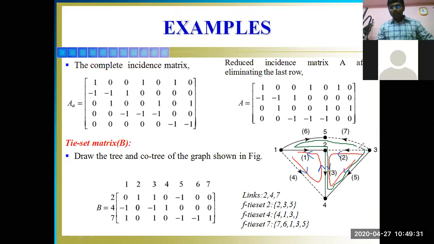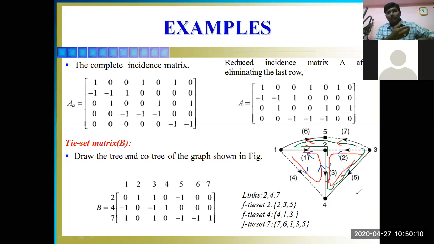So there is only one link, 7, and the remaining are all twigs: number 6, number 1, number 3, and number 5. Only 7 is a link. The direction is similar to the link. So this is the direction, and this is the other direction. Here also the same, but here it is like this.